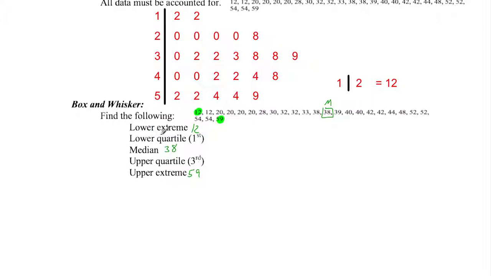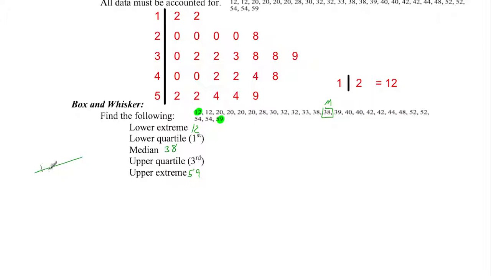Now what's this business of first quartile and third quartile? What we're actually doing is breaking this data up into fourths, quartiles: 25%, 50%, 75%, 100%. Imagine I have a line and I want to cut it into fourths.